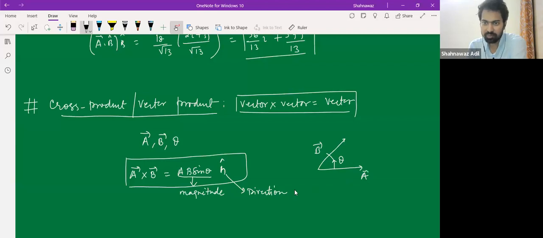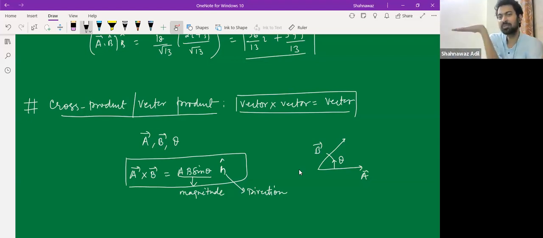The direction of A cross B is calculated using Maxwell's right hand thumb rule. Do you guys remember this rule? The rule uses the palm and the thumb.